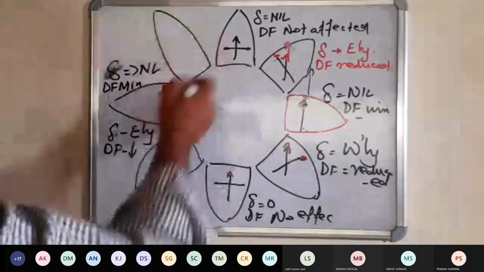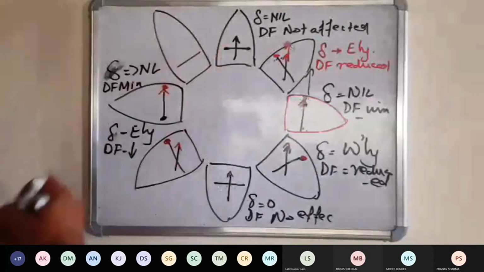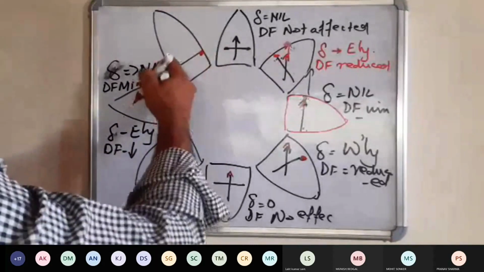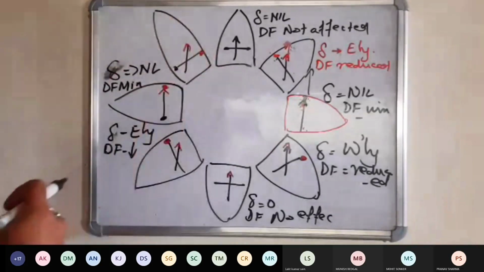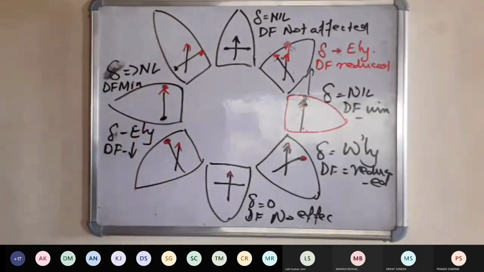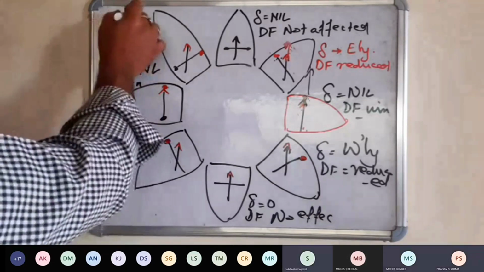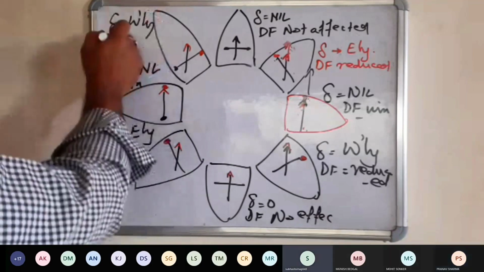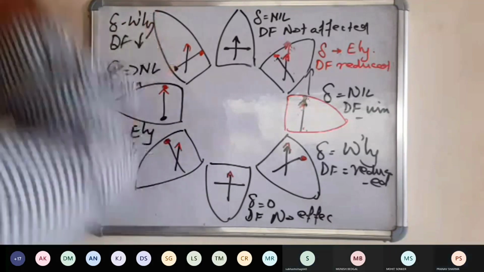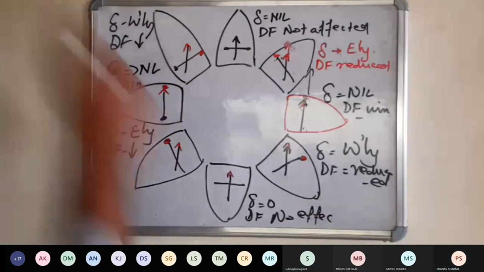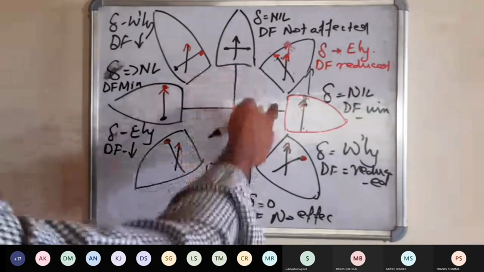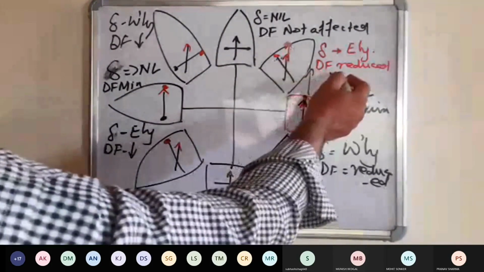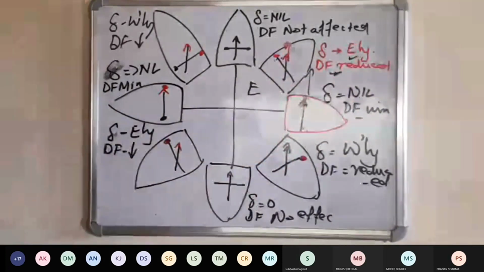On this course, if we go, this one is positive here or north, this is negative or blue. Here we have this. So what kind of deviation? Westerly. Westerly deviation, DF is further reduced. So what we are saying here is that for all these courses, the deviation was easterly.